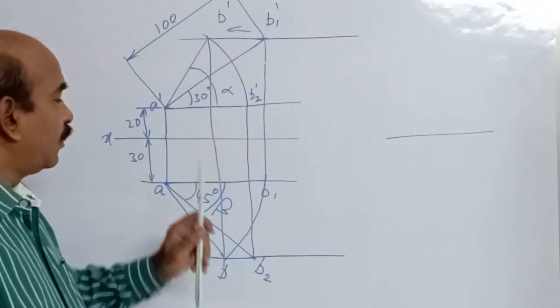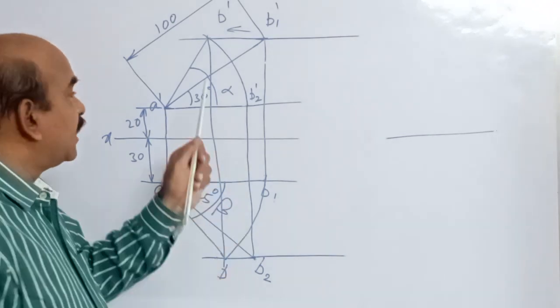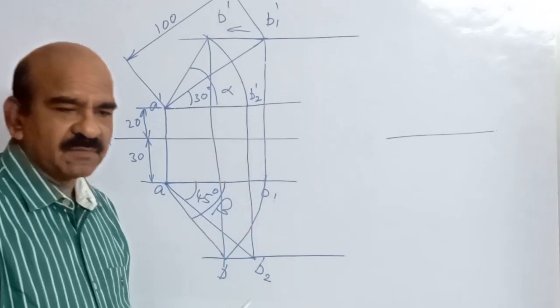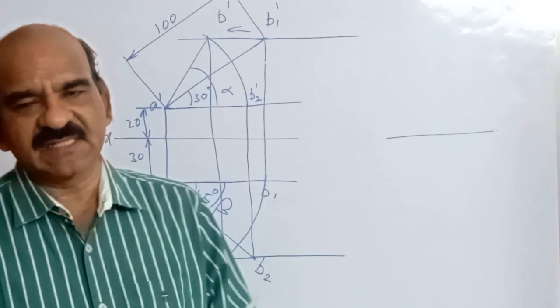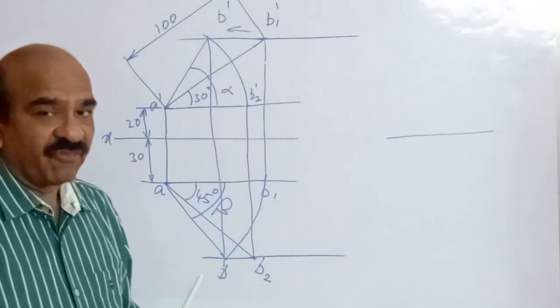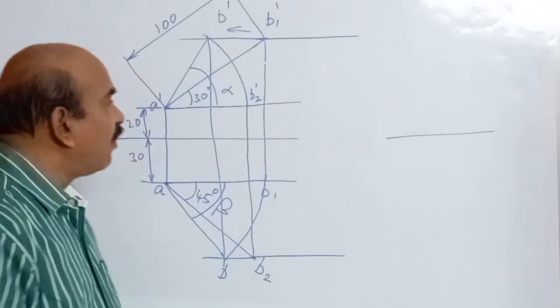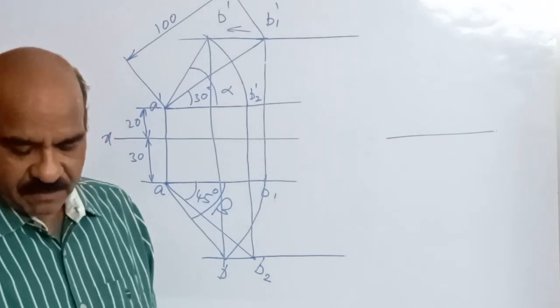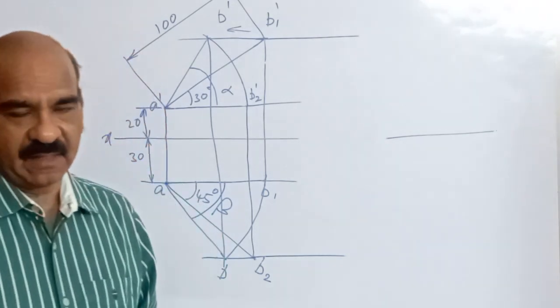Alpha in the front view, beta in the top view. This angle 30 is generally, in terms of notation, called theta, and we call this one phi. So finally we have drawn the projections of the line, A dash B dash and AB.